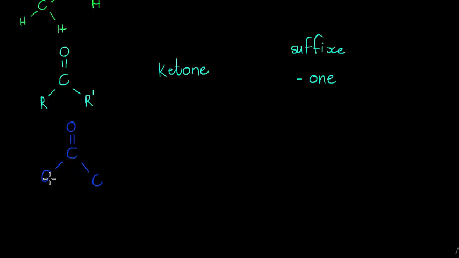So the simplest ketone is a carbon bonded to a carbon bonded to another carbon. Okay, and then that would be the end of this chain, and this one would look like this. All of these being hydrogens, I'm not going to write them in.